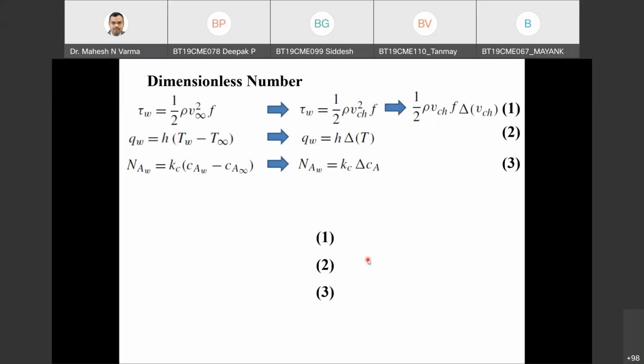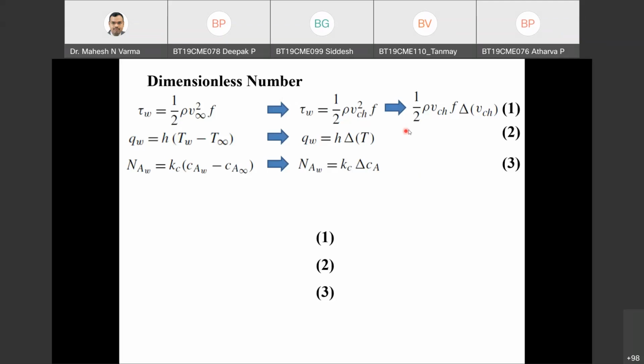So what can we do hereafter? What exactly have we done in molecular flux? In molecular flux, we have obtained a formula.